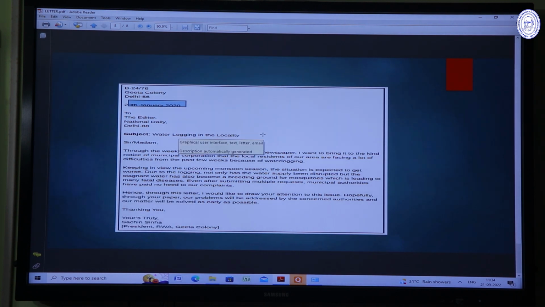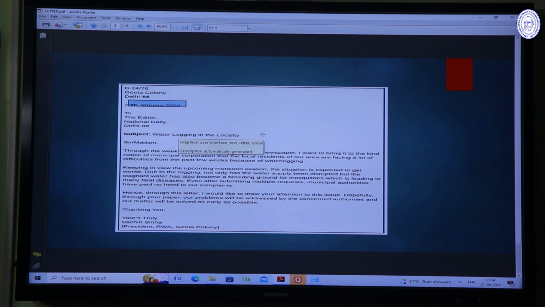So this is how you should try to organize a letter. I repeat, it starts with the address of the sender, then the date of writing the letter, then the receiver's name and address, subject matter, body of the text, the closure of the letter, the thanking you part, and then identifying yourself, your name and your designation.